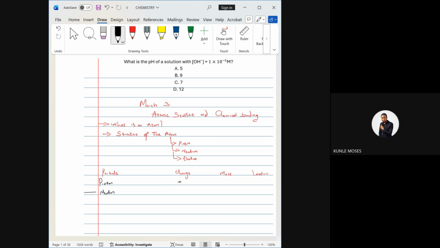So it has a neutral charge, which is 0. And if you look at proton, it was P that started proton, and P starts positive. So in case you want to forget, P for positive, P for proton.